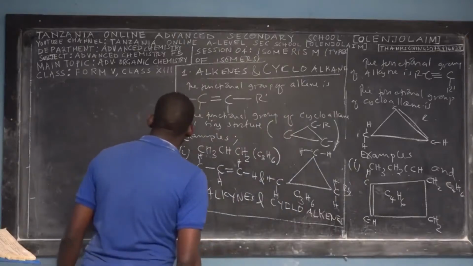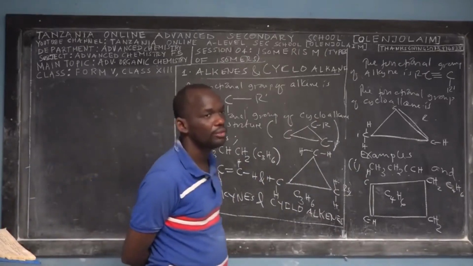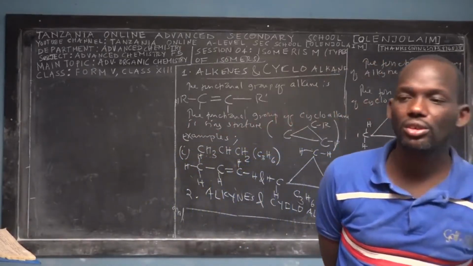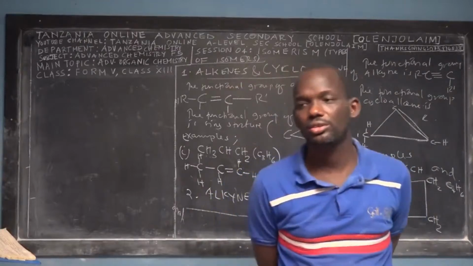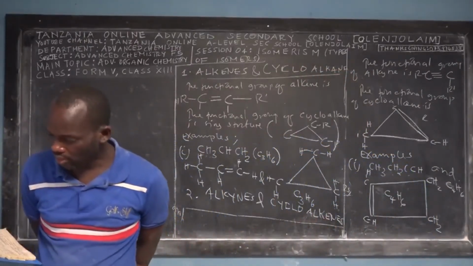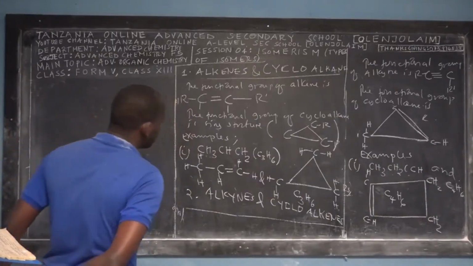That's the molecular formula. So that's the second group of functional structural isomers. Then the next group is alcohols and ethers.